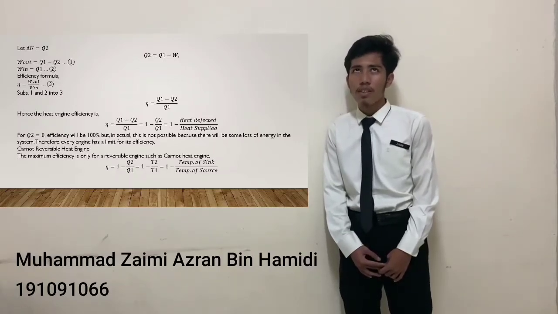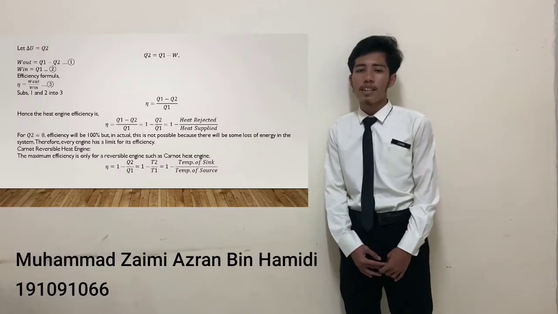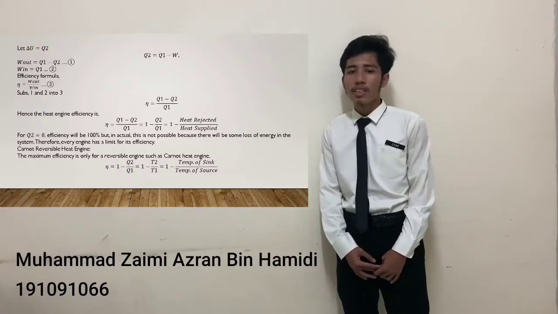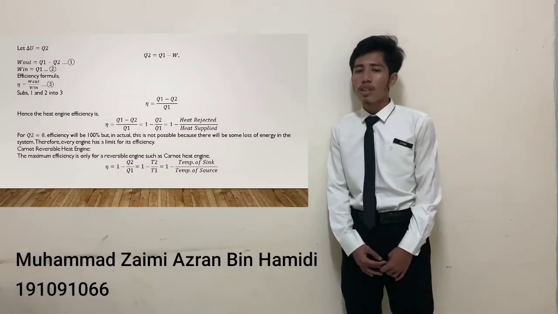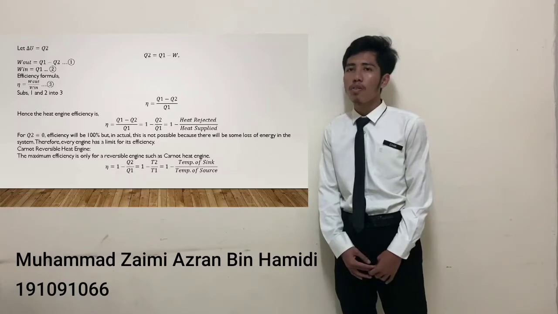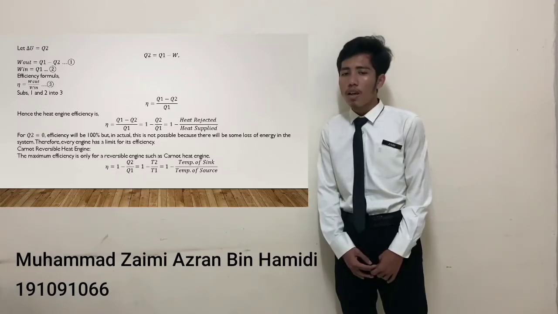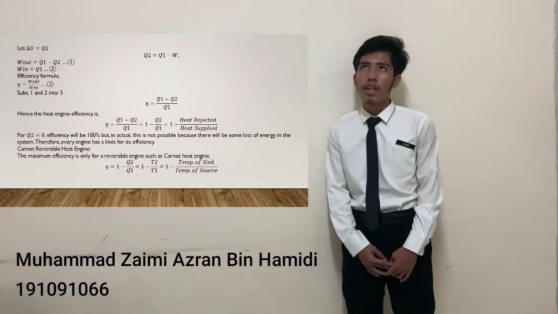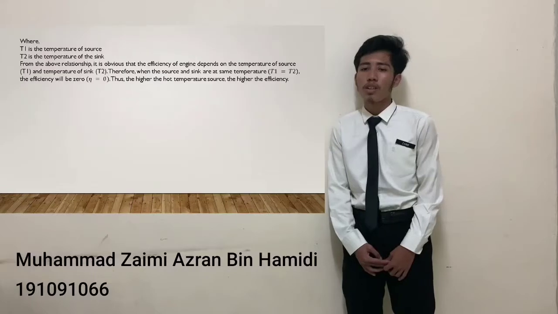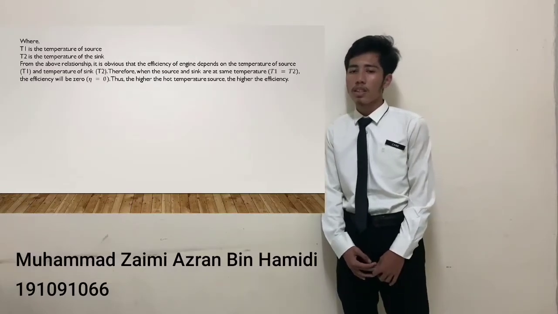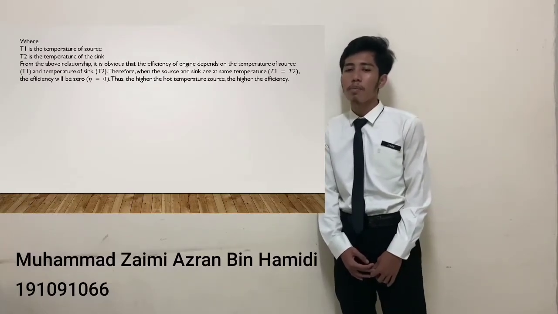Carnot reversible heat engine. The maximum efficiency is only for a reversible engine such as the Carnot heat engine. Efficiency is equal to 1 minus Q2 over Q1. Then we get 1 minus temperature 2 over temperature 1. Temperature 2 is the temperature of the sink and temperature 1 is the temperature of the source.